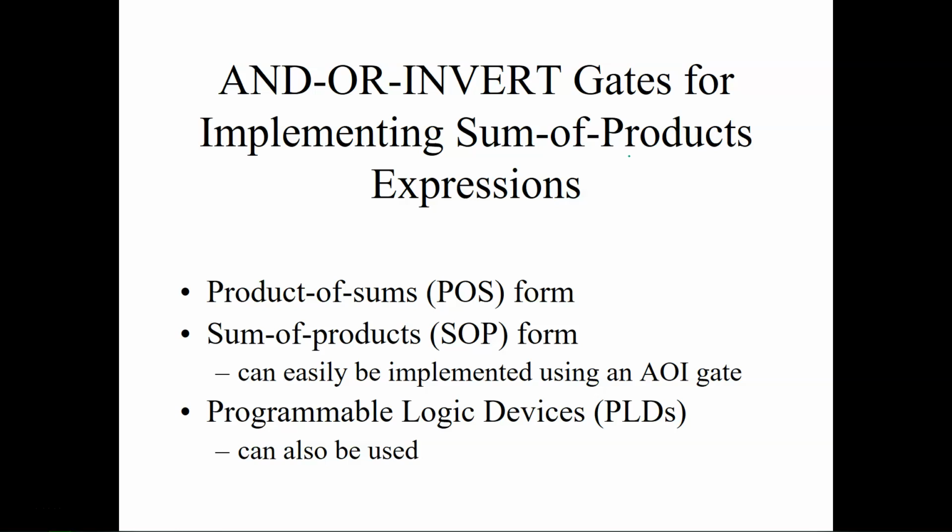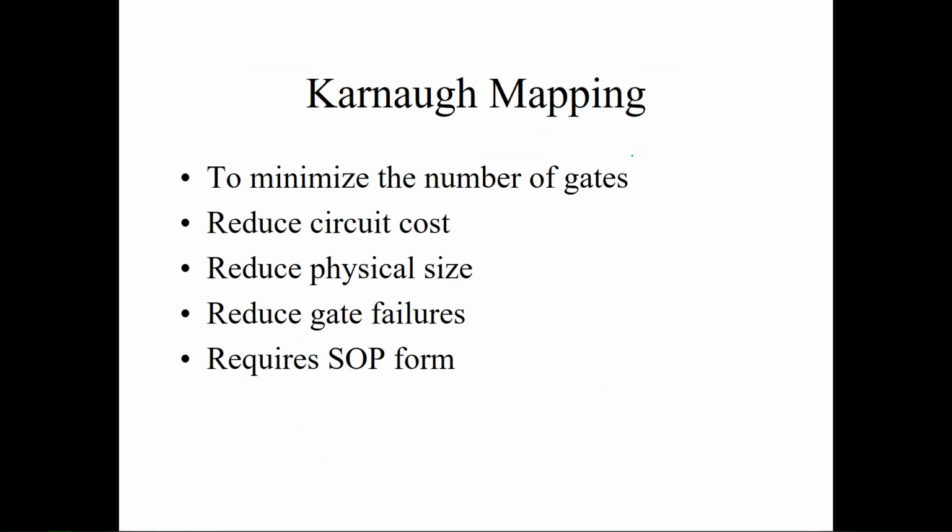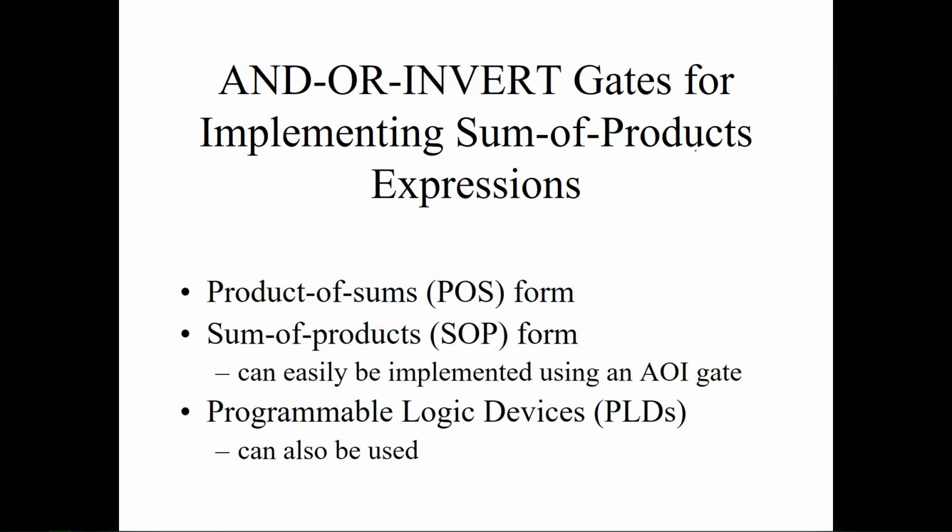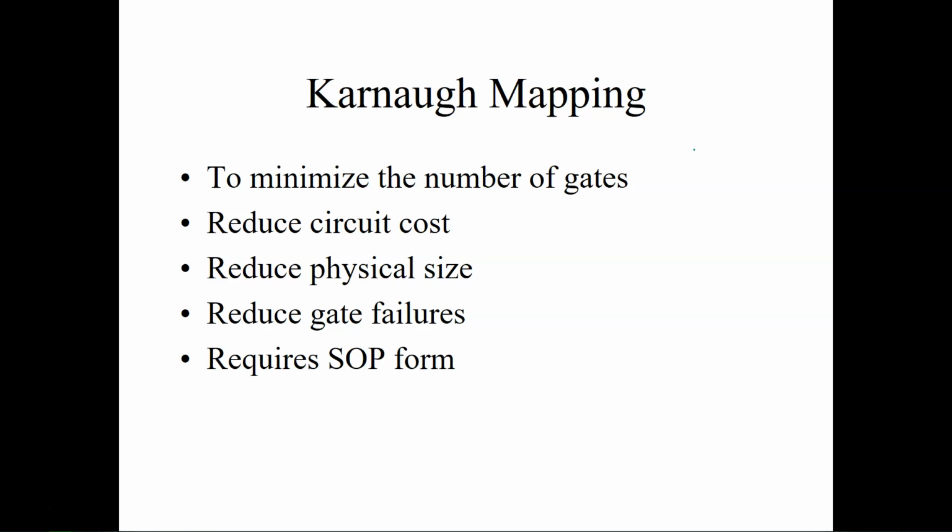So we have AND or invert gates for implementing sum of product expressions. We use PLDs for these as well. We'll go over these a little bit more in depth at another time. But the reason we do a lot of this is we're trying to minimize the number of gates and reduce circuit costs and size.